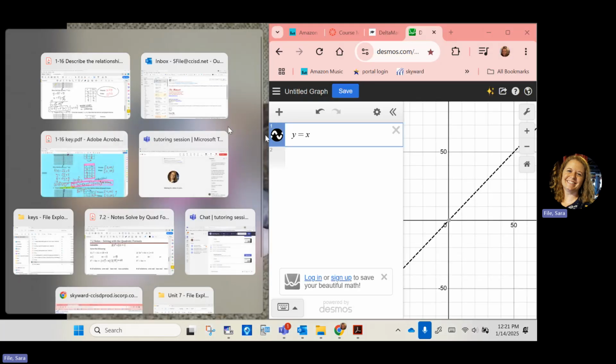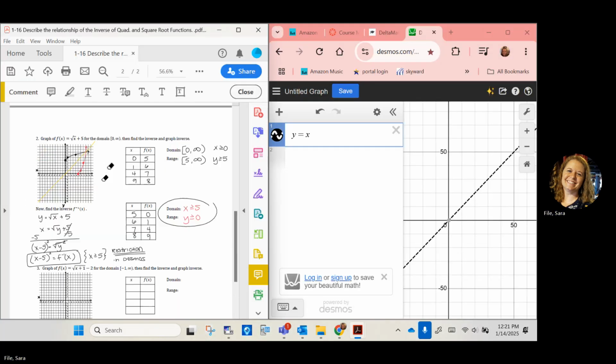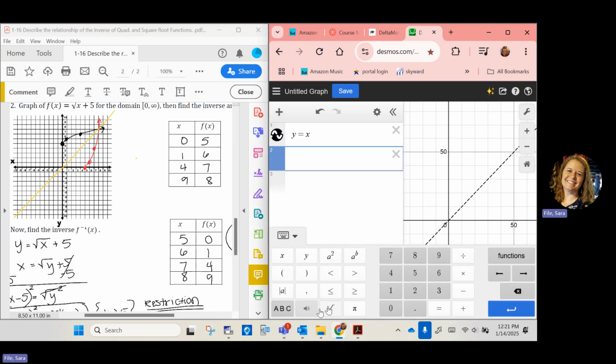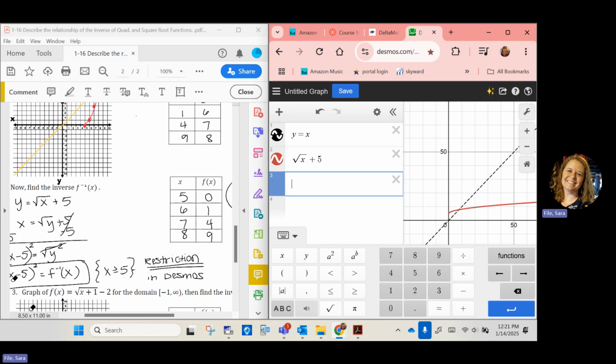I'm going to graph the original equation, the square root of x plus 5. And the inverse we came up with is x minus 5 squared. Now here's what I'm saying. It's going to show you that whole parabola unless you write the restriction.